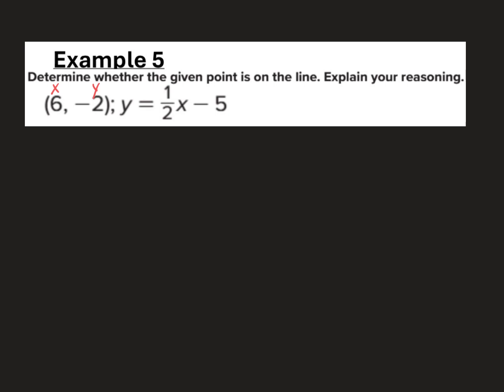So that's what I'm going to do. -2 in for y. You do not have to rewrite that. I just want to write it underneath it. -2 in for y. 6 in for x.